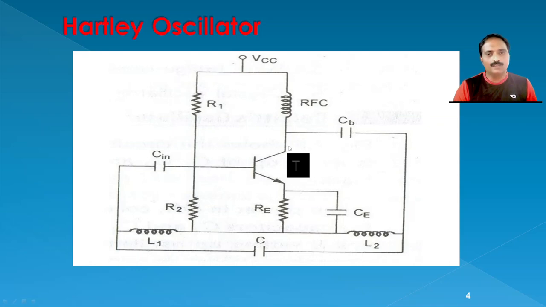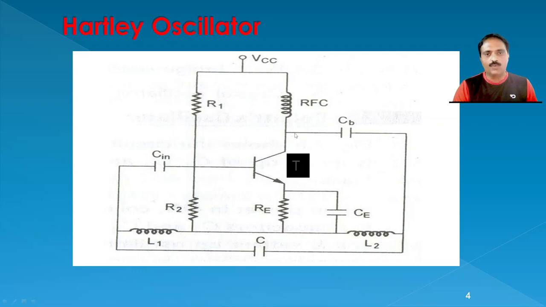Once the transistor amplifies the oscillations, the increased oscillations are given back. Here the output is fed back through this inductor L2, which is coupled inductively to L1.